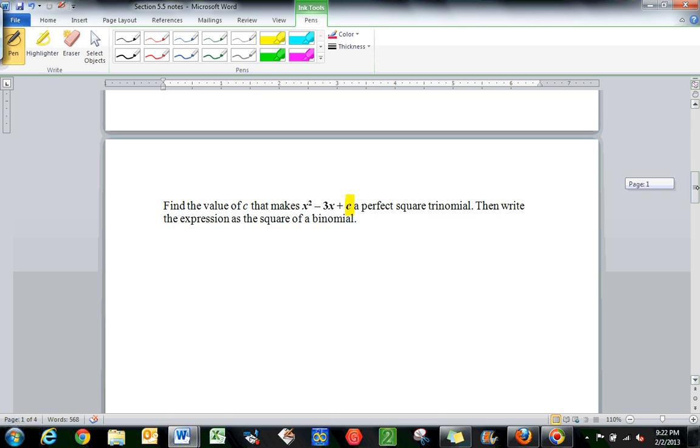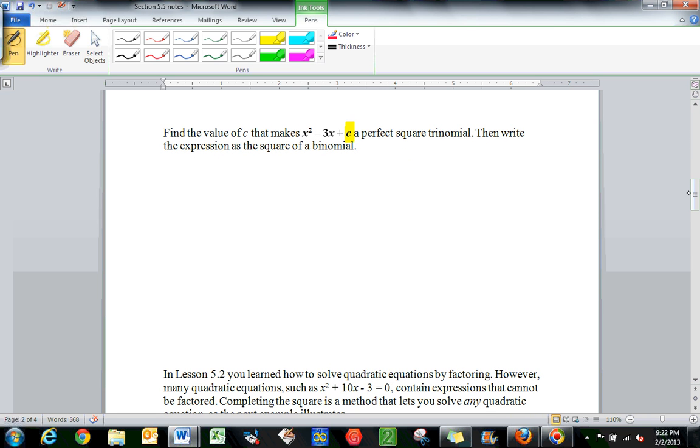But in this case, we have a -3 as our b value. So, we want to complete this square first. And so instead of writing the c, I like to write just a big blank. And we need to figure out a way to fill in that blank. And so here we're going to take the little formula that we've learned that represents c, which is (b over 2) squared.